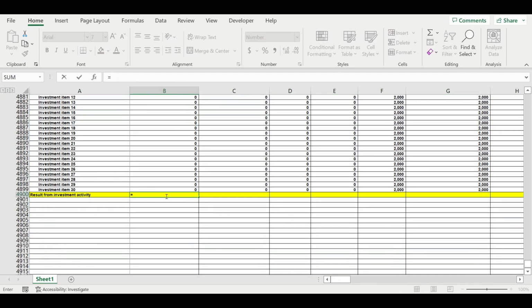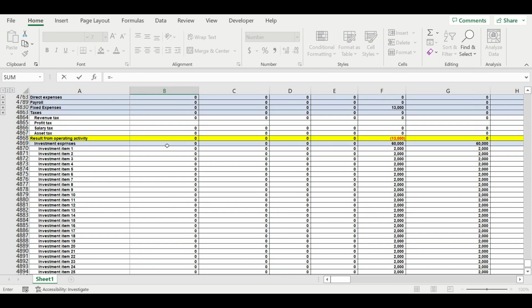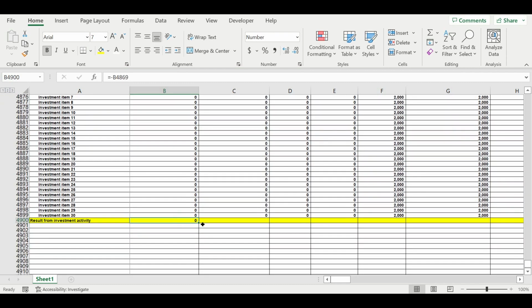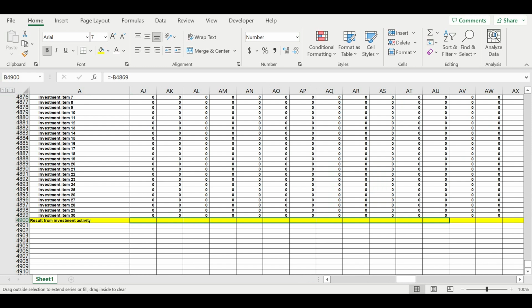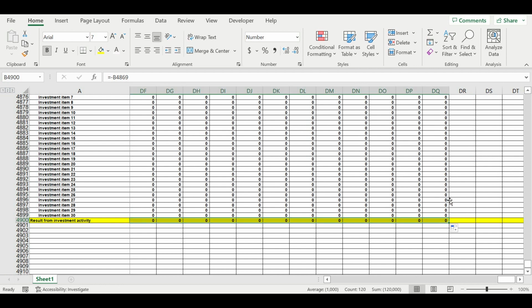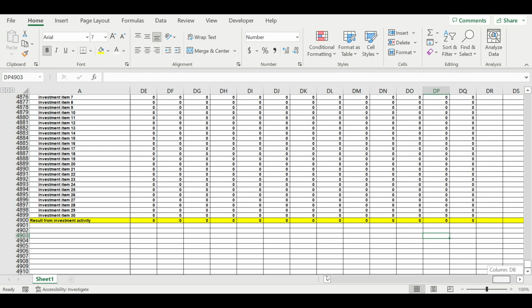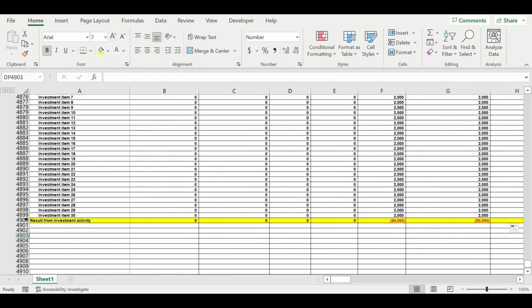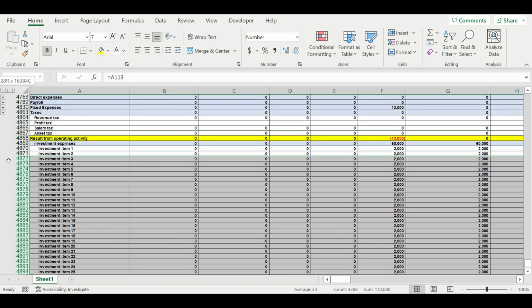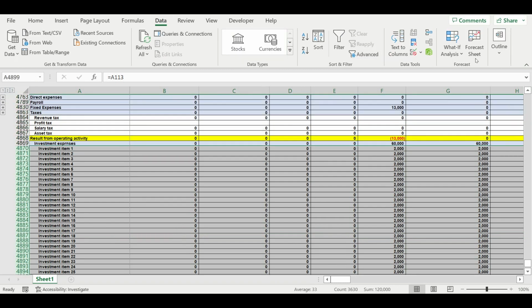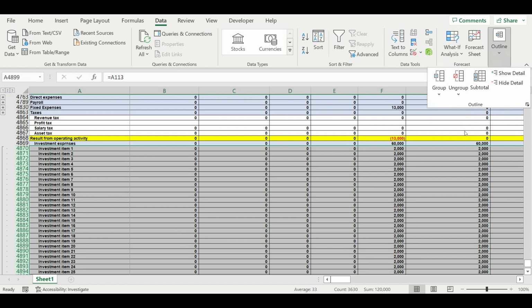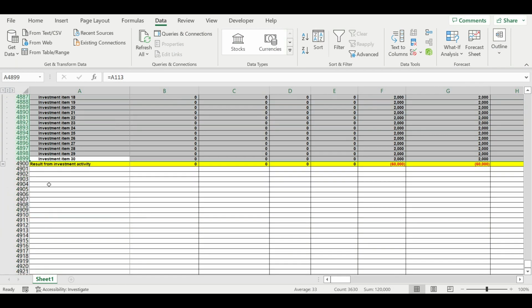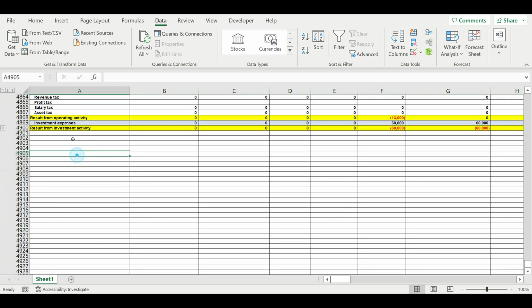We press minus and take with the opposite sign the total of this line, because investments are outflows. Then we are moving on, so let's hide it, data group, then we create a line.